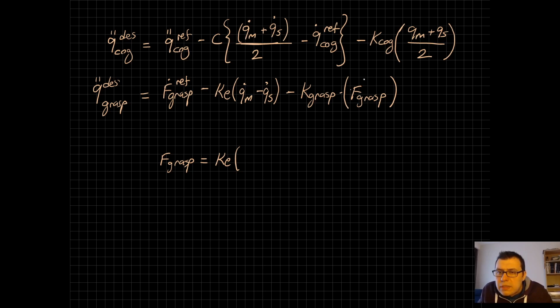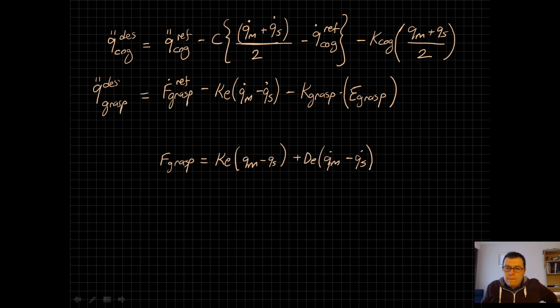I'm sorry, this is not F grasp, that is E grasp. E grasp is K E Qm minus Qs plus D E Qm dot minus Qs dot minus F grasp reference.